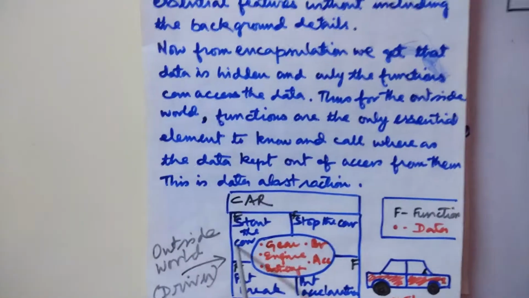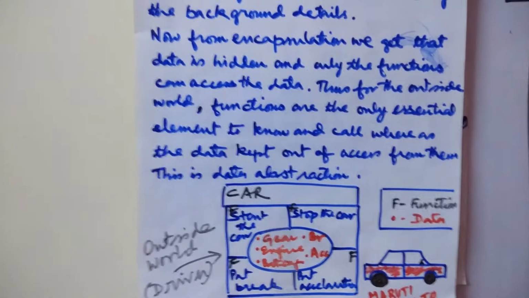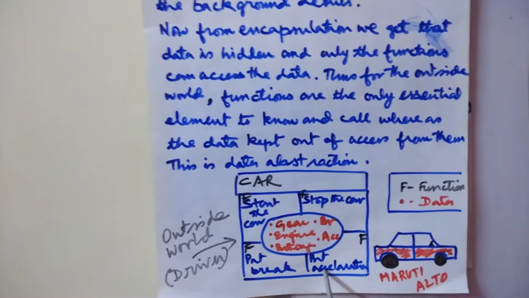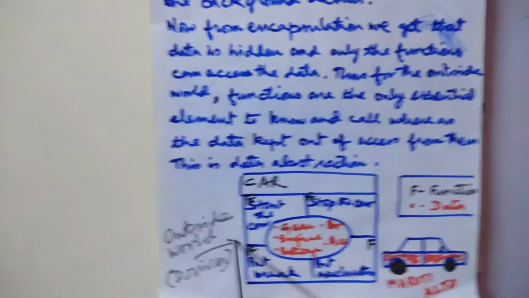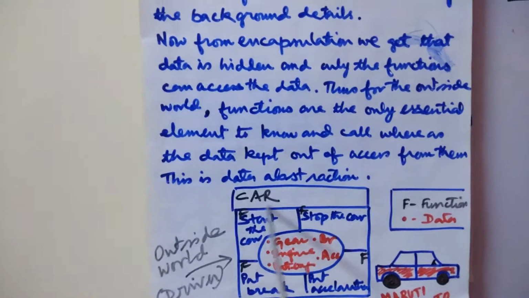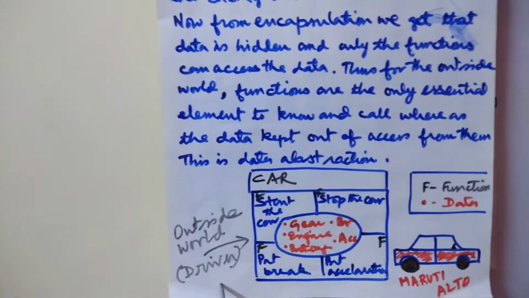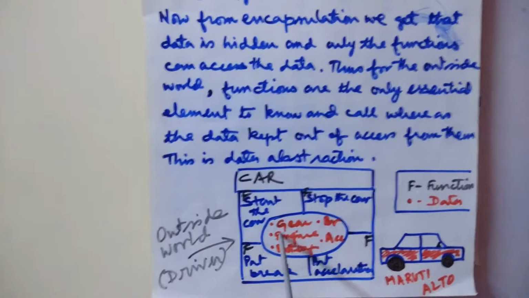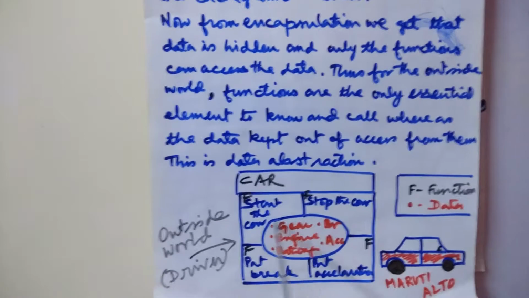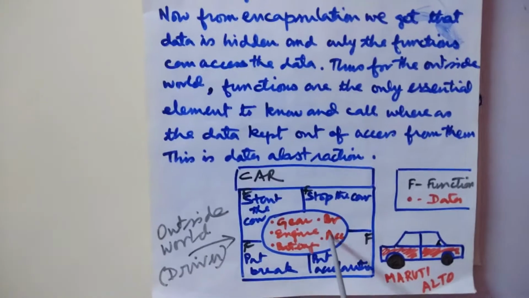And there are certain elements outside that, like starting the car, stopping the car, putting on the brake, or accelerating. Now the driver as an outsider can work on these four elements. That means he does not need to know the internal mechanism of how the gear is working, how the engine performs, how the brake is applied, or how the accelerator works.